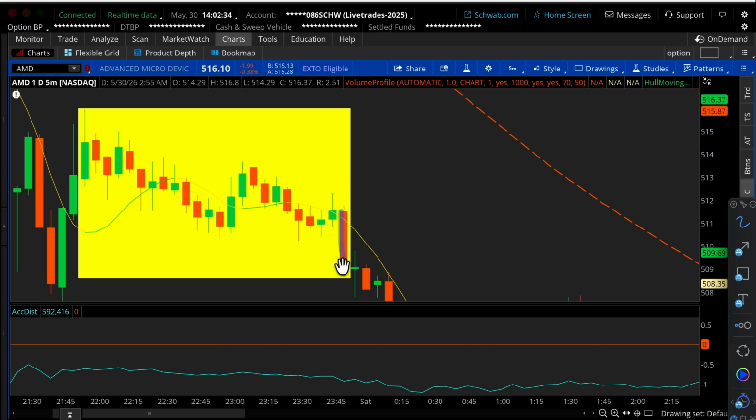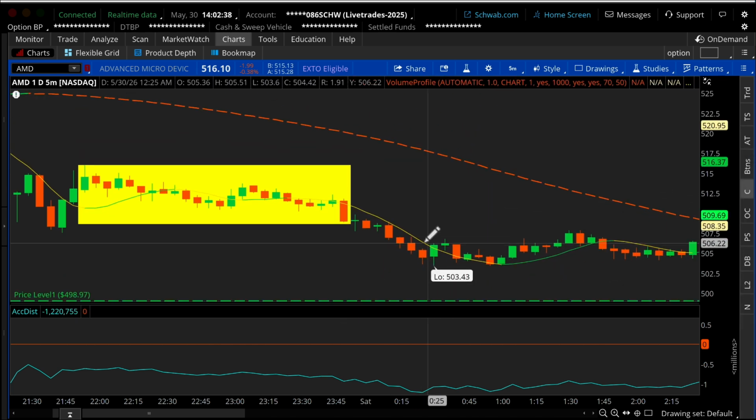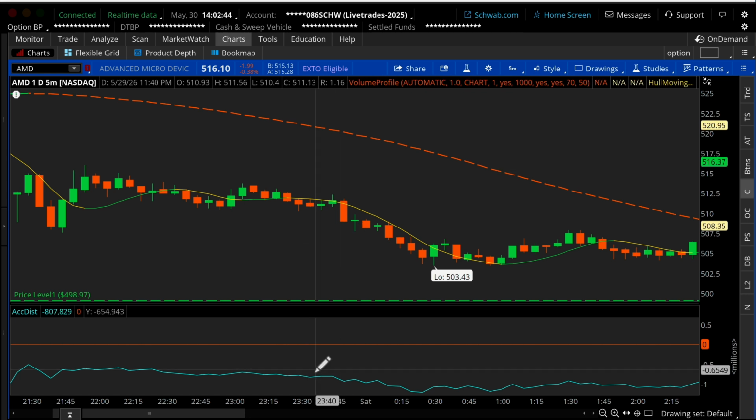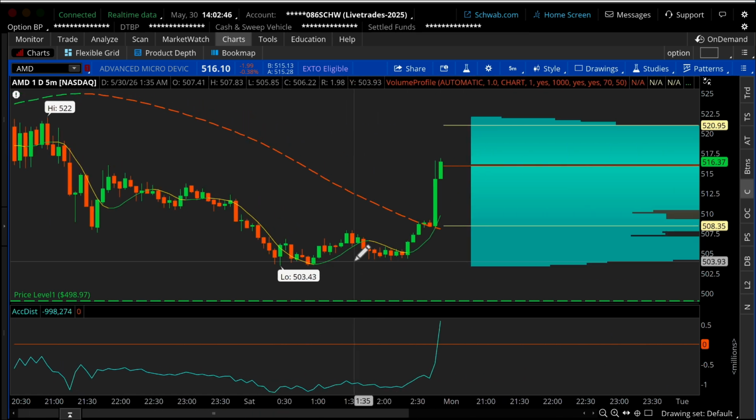This is the Marubozu. That's when you say to yourself, all right, I'm going to get in there. And then that's your move. Let me remove that right there. And then you see another range off of the low, which is right here.